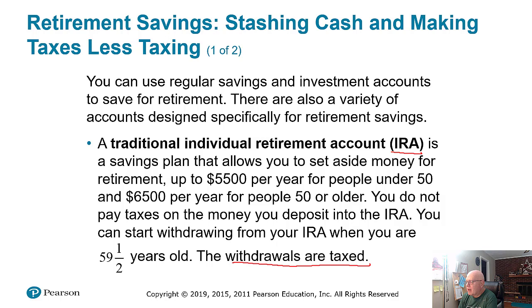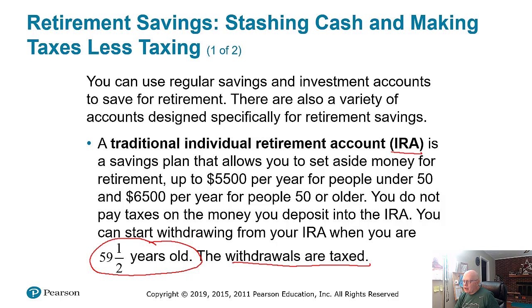As soon as you take it out, you get taxed on it. And of course, there's a certain percentage that you get per year on it. And so you want to get a good IRA with as high a percentage as you can. Currently, or according to this slide, you can start withdrawing from the IRA when you're 59.5 years old.